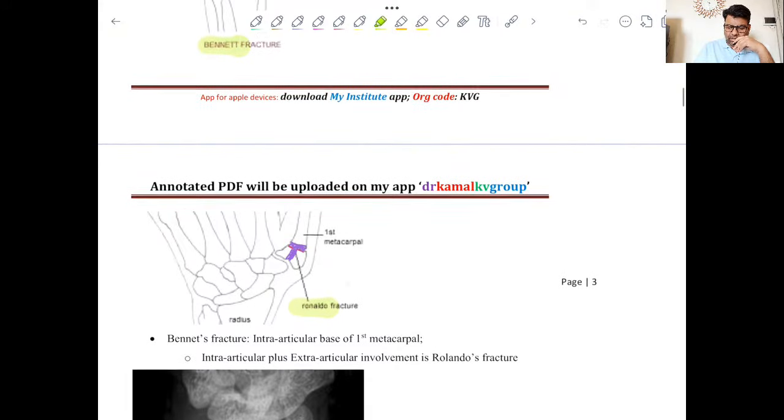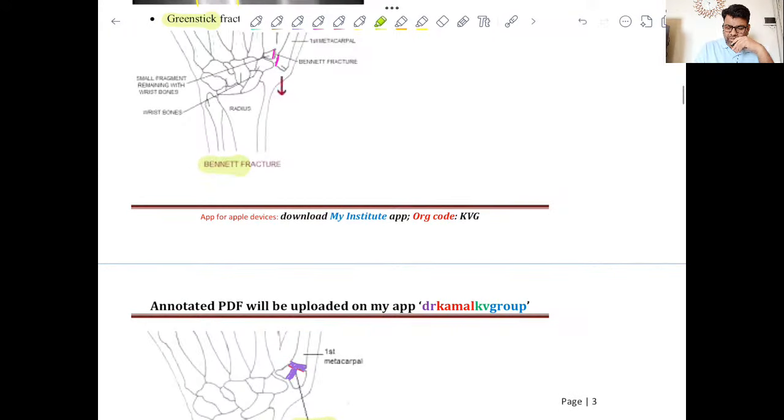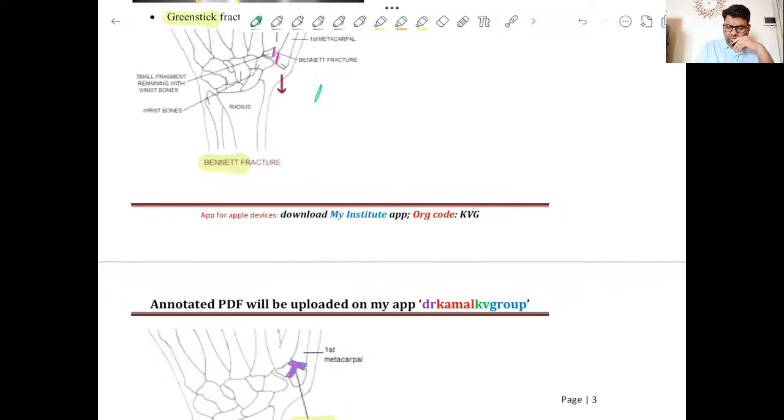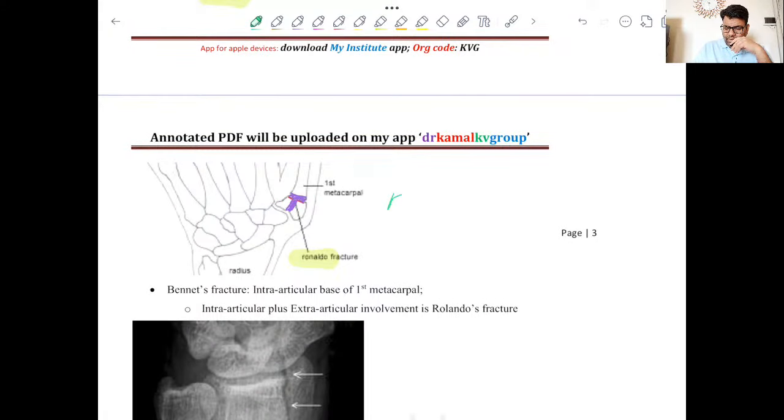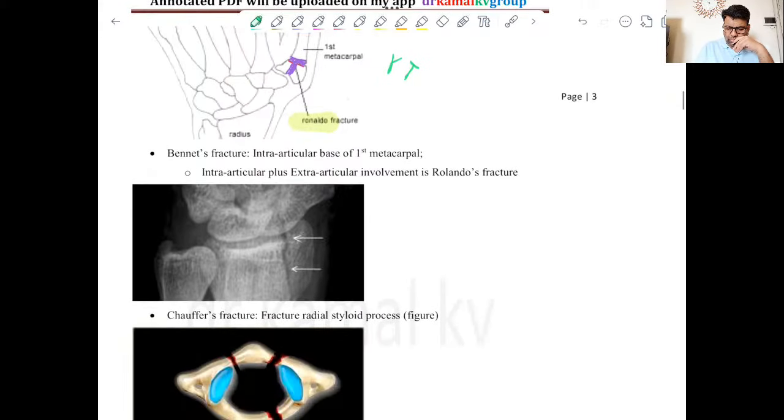So this is very important. In Bennett's, there is just a simple fracture line, but in Rolando's it can be either Y or T. Clear? So there is extra-articular extension. So this is important.